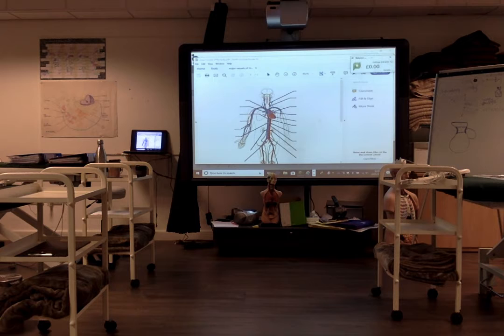So explain pulmonary circulation. What was the other one? Systemic circulation, but it's the difference between them.